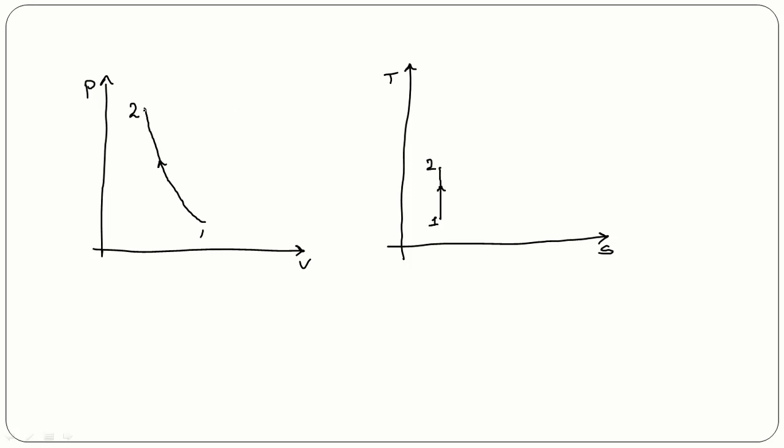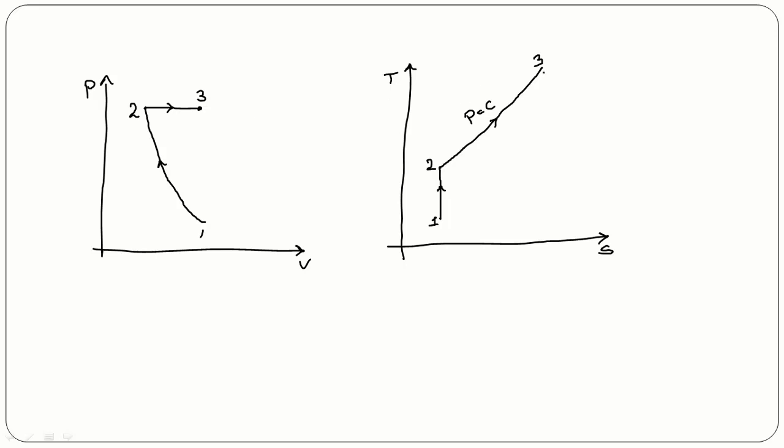2 to 3 is constant pressure heat addition. So when heat is added at constant pressure, the volume increases as the temperature increases. So process 2 to 3 in the PV diagram looks like this, and in the TS diagram you'll have constant pressure heat addition like this.